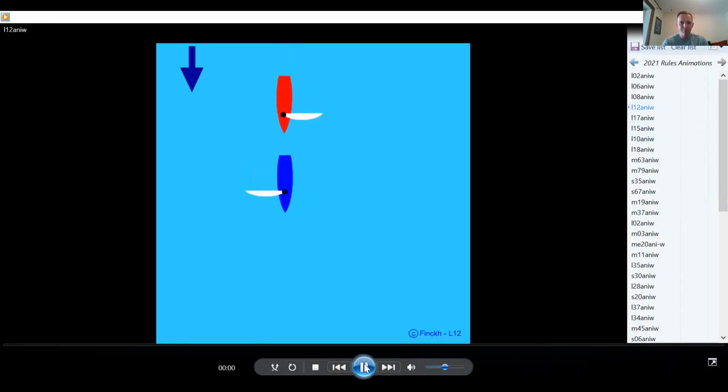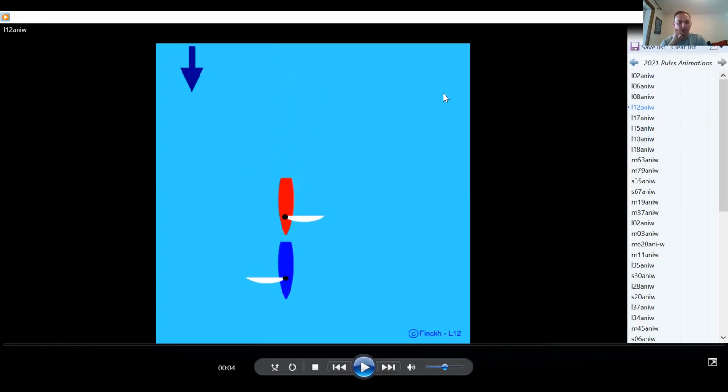One more time. Okay. Number 2, rules 11 and 12. If you're on the same tack, the leeward boat has right of way over the windward boat. So the same tack, you're both on starboard or both on port.